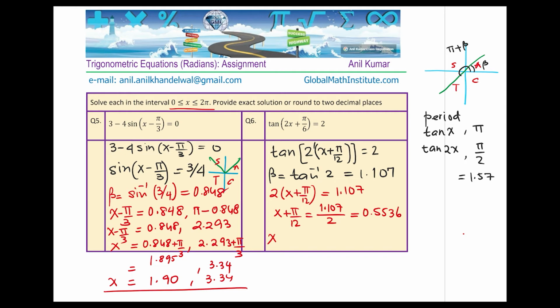So x is equal to 0.5536 minus pi by 12. We'll take away pi by 12 from here. I hope you are getting the concept, right? We're just trying to solve for the acute angle.